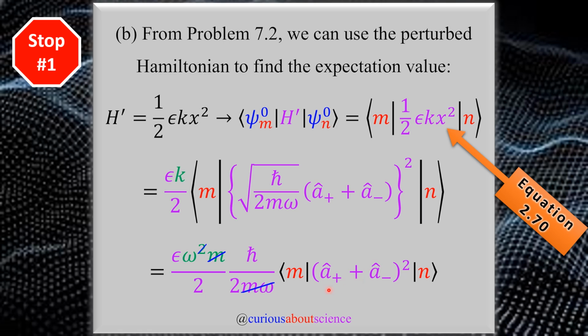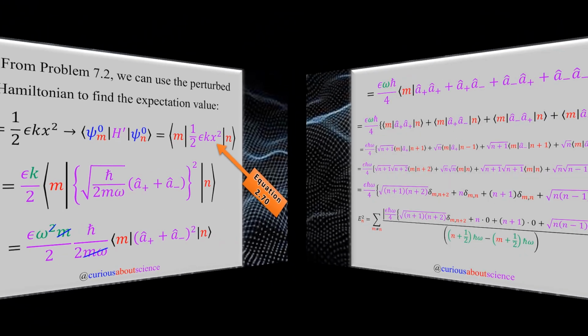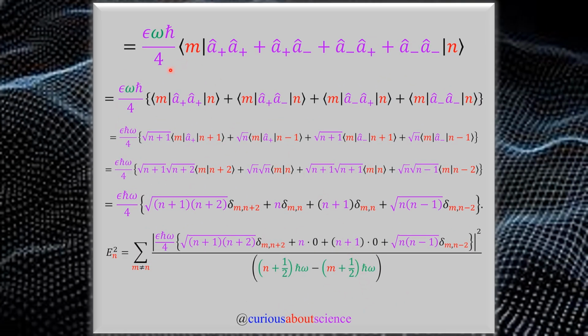How do we deal with these ladder operators, especially in the square here? So the first step we have to do is distribute. All right, this is going to get a little chunky, so you might want the PDF for this step. But when we distribute, we have plus acting on plus, plus acting on minus, minus on plus, minus, minus.